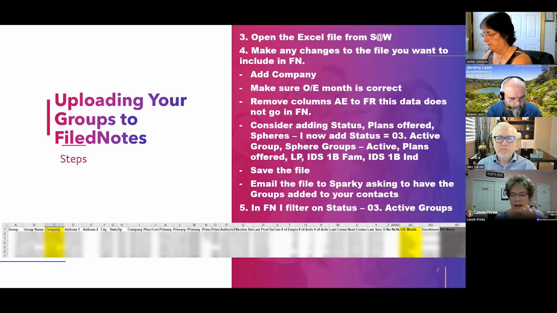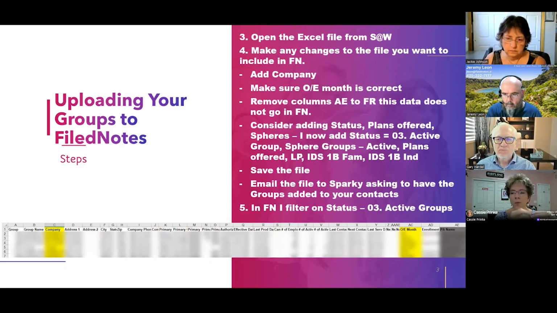That status is how I am able to filter my active groups, because at this point I've got thousands of contacts in Fieldnotes. When I want to look at just my active groups, I want to be able to filter those and have that view that I can pull up and pull out my active groups from all the thousands of members and other contacts that I have in the system.